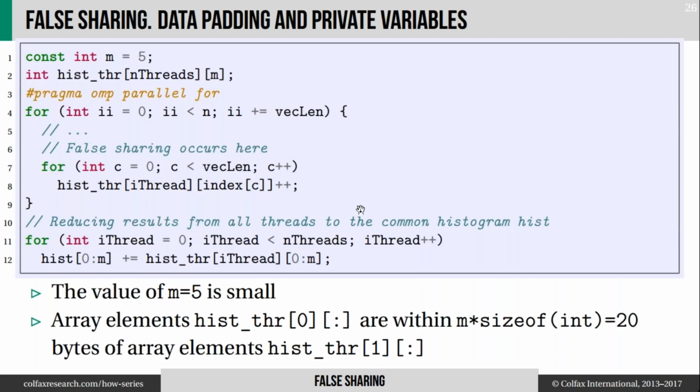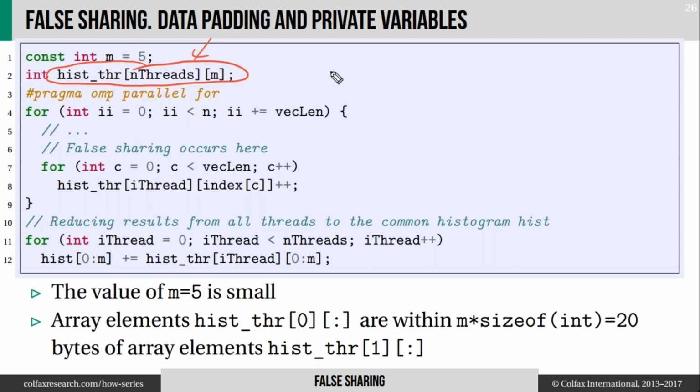Let's see when it might occur. It might occur if instead of using the clause, we tried to use thread private variables. And the worst scenario is when we use the thread private variables in this format.